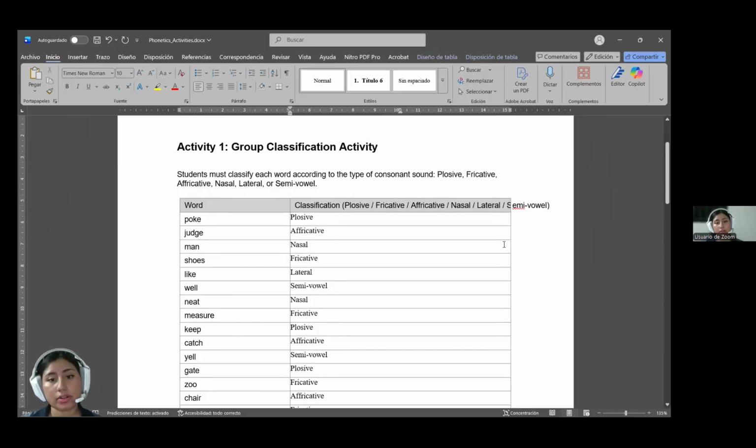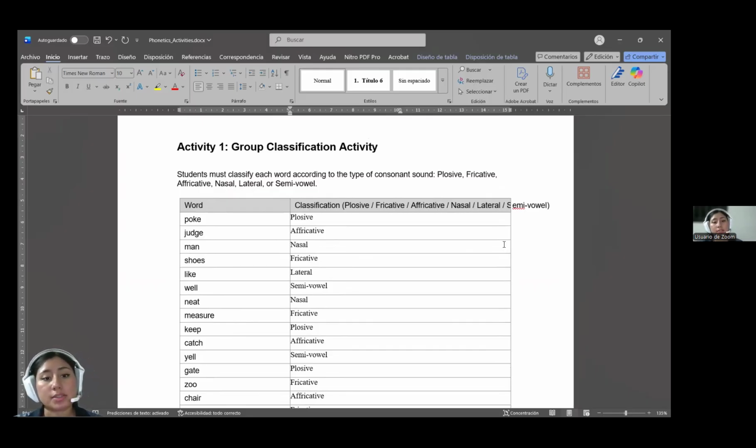Today we discovered that English consonants are not just letters, but sounds produced in different ways. We learned that consonants can be classified according to how the airflow is controlled in our mouth. As we can remember, we explored plosives, fricatives, affricatives, nasals, lateral sounds, and semivowels.